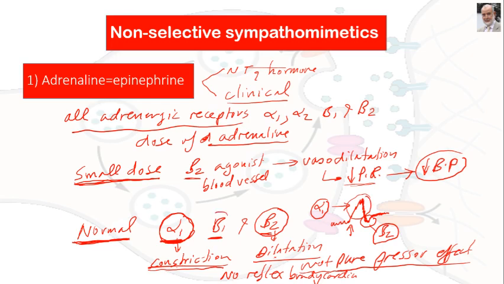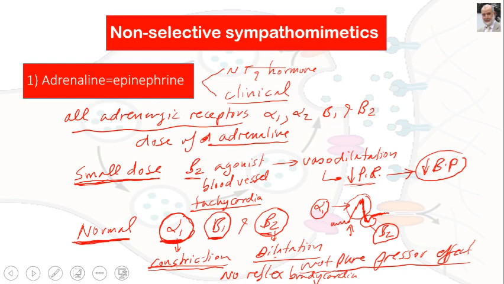Of course, on the heart, beta-1 will produce tachycardia, increasing the heart rate and the cardiac output. Therefore, adrenaline in a normal dose can produce an increase in the mean blood pressure plus tachycardia. So this is the action of adrenaline on blood vessels.